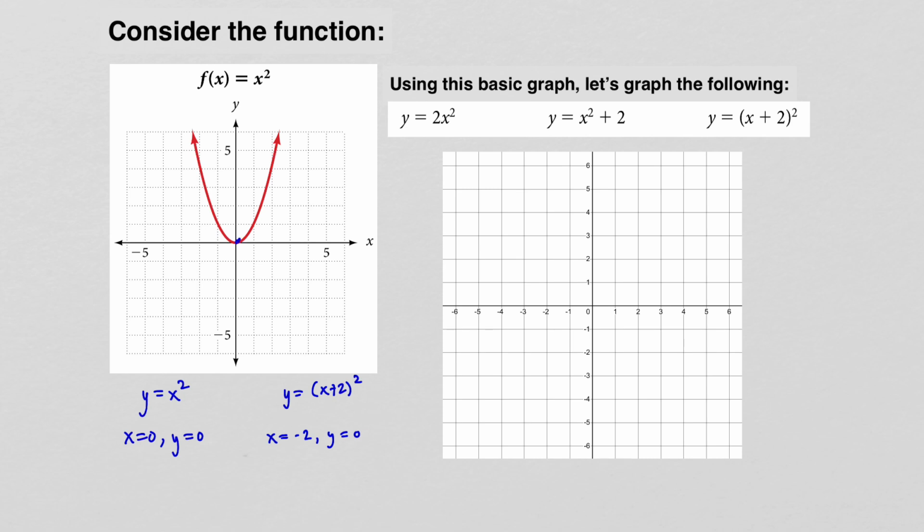So the point that used to be here is now going to be shifted 2 units to the left. And the graph is going to be shifted along with it. So it'll look something like this. So if we take every point on this graph and shift it 2 units to the left, we get the following. And this is what happens in general.